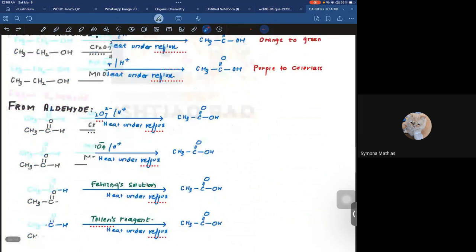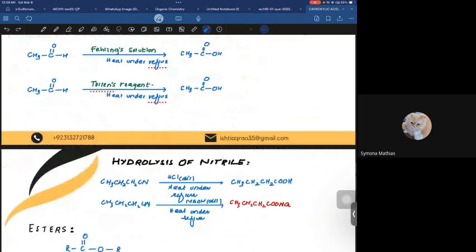What are all of these? They are oxidizing agents. I know Fehling and Tollens are both weak oxidizing agents, but you can oxidize if you provide some sort of heat. Without heat, the reaction is not possible, because it is weak and requires some sort of external energy.